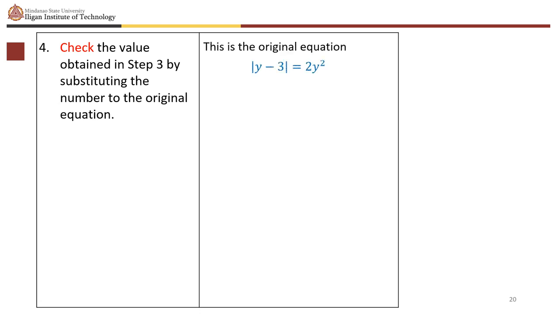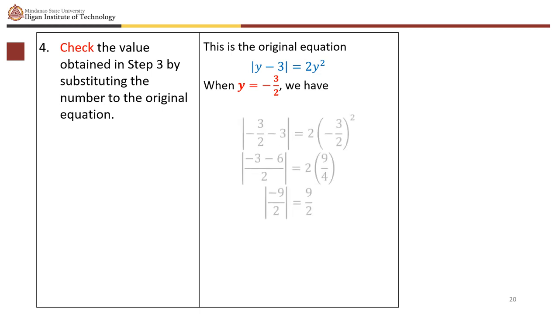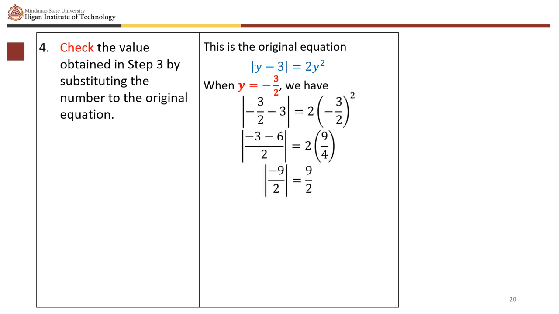So, this is the original equation. Absolute value of y minus 3 is equal to 2y squared. So, when y equals negative 3 over 2, we have the following. That is, absolute value of negative 3 over 2 minus 3 equals 2 times, you substitute again, negative 3 over 2, raised to the second power.